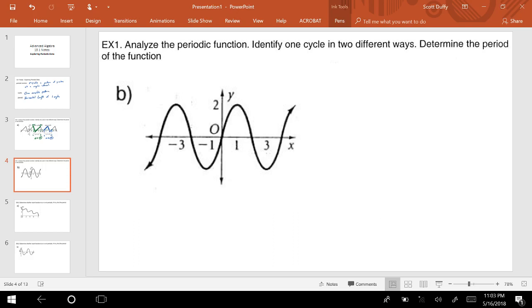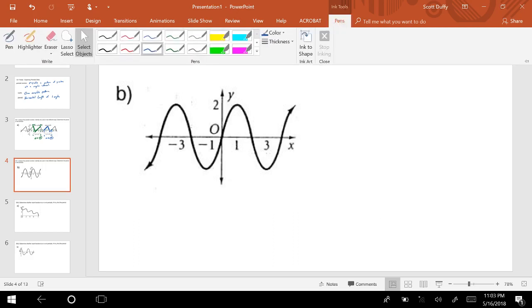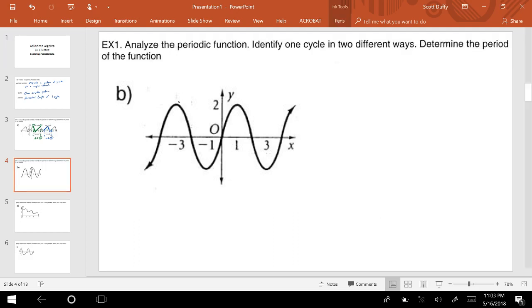So the first way we did it before was going from a maximum to a maximum. Let's do that. Draw that in. And if that's where 1 is, that's where 2 is, 3, 4, -1, -2, -3.